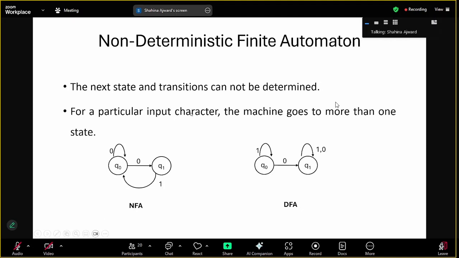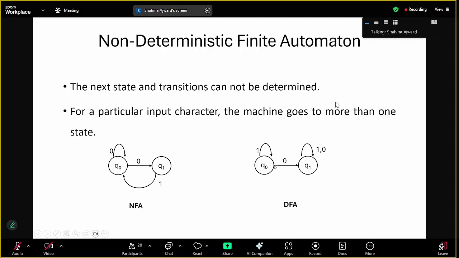In the NFA we have the same number of states, Q0 and Q1. Here also we have Q0 and Q1. Let's first look at the DFA.